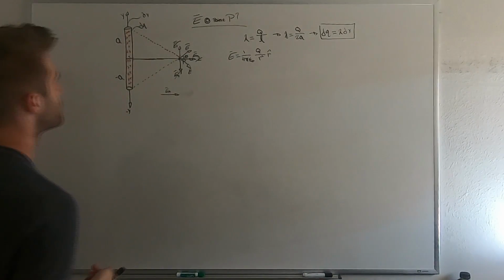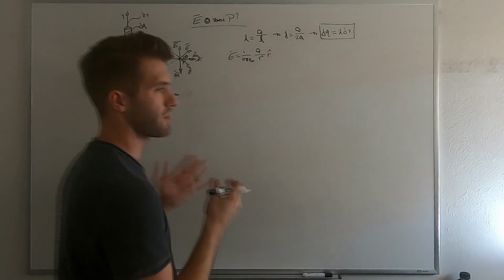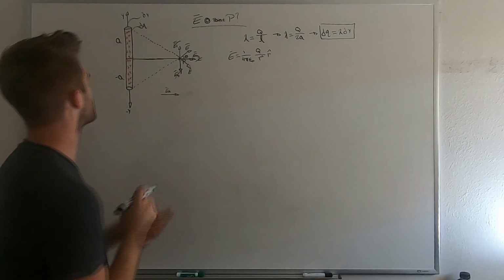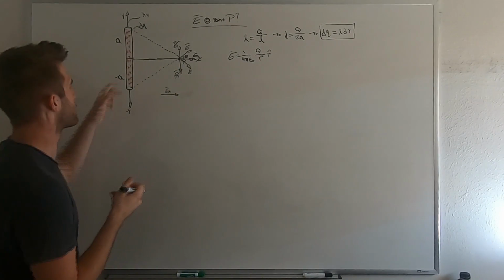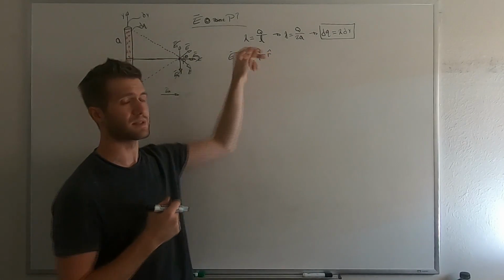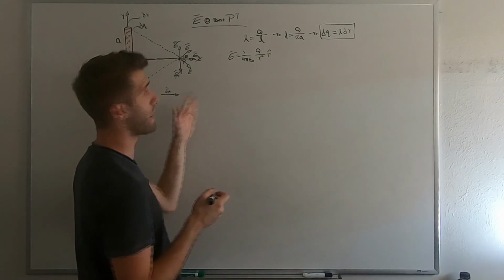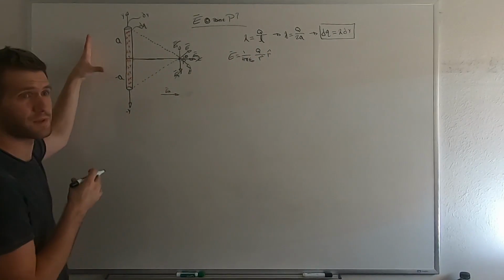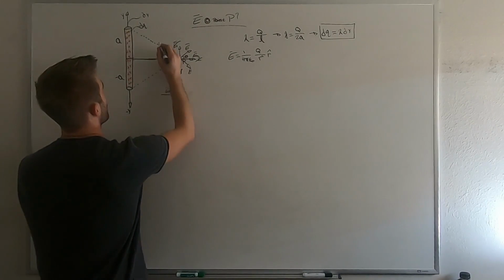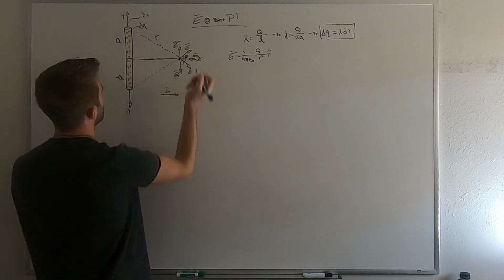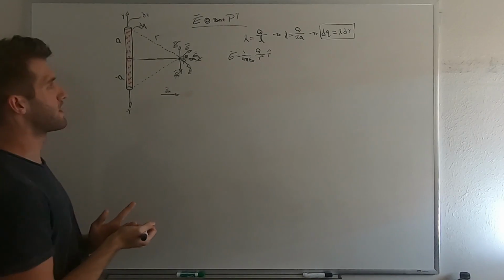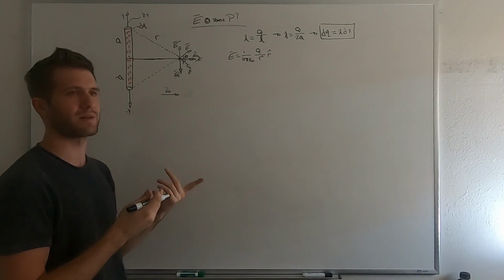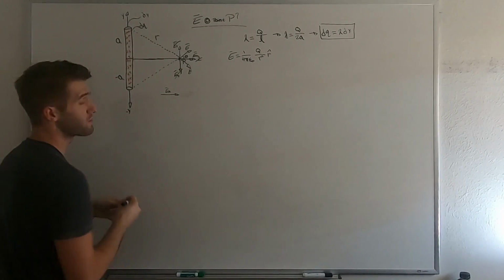Okay, so we have that all situated. What else should we do? I think we should try to get a feeling for the distance, because E is dependent on the distance away from where this electric field is originating. So we'll just call that R. As you can see here, we have a right triangle, so we're going to use Pythagoras.